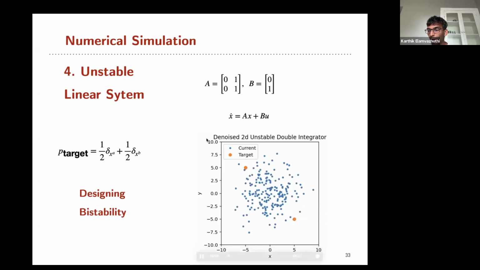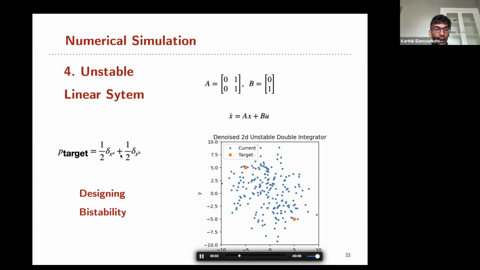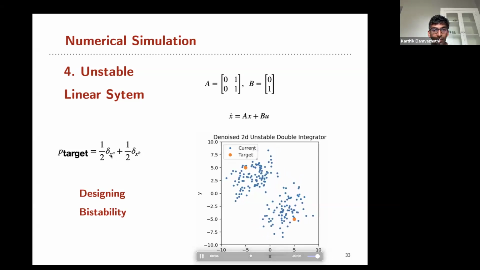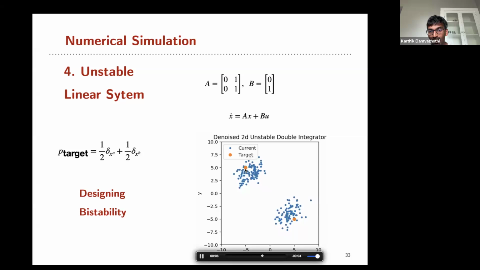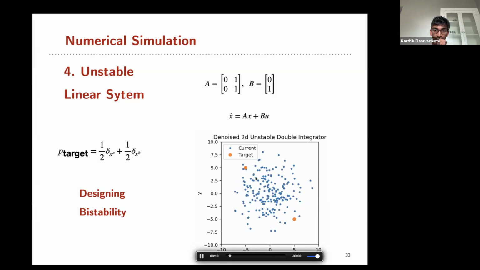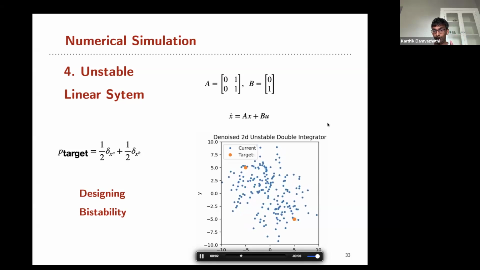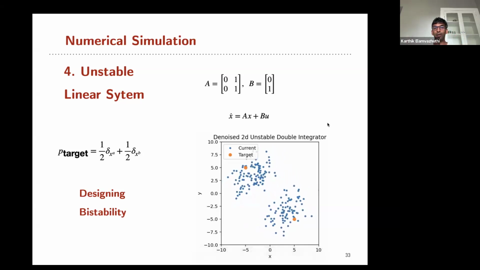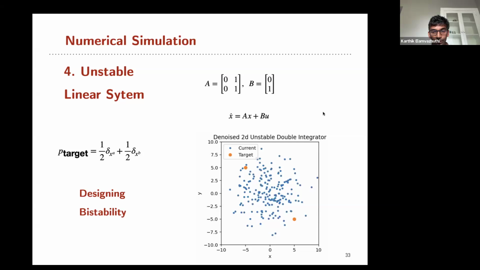That is, you're trying to control the system to two Dirac masses sitting at the configurations (-5, 5) and (5, -5). This again cannot be posed as a standard control problem. So this denoising approach gives you a nice alternative to do this as well.